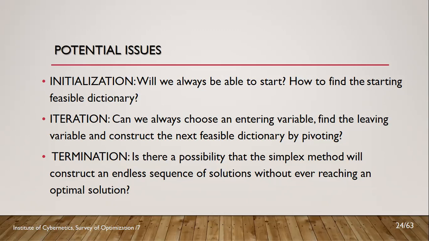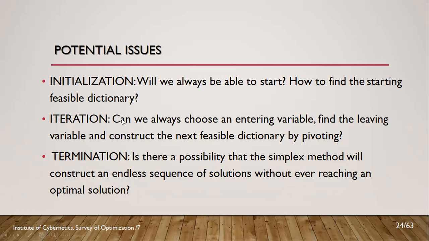Is there a possibility that the Simplex method will construct an endless sequence of solutions without ever reaching an optimal solution? This is a cycling issue. Which ones have already been discussed, with methods introduced? That is termination: Bland's rule actually helped to get out of cycling.